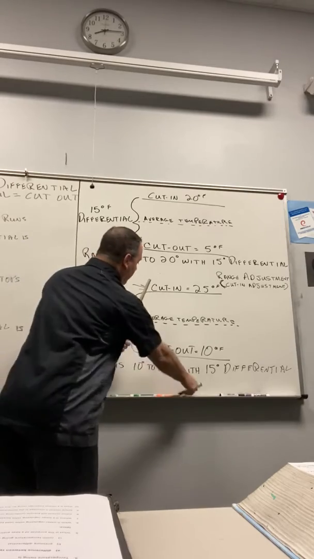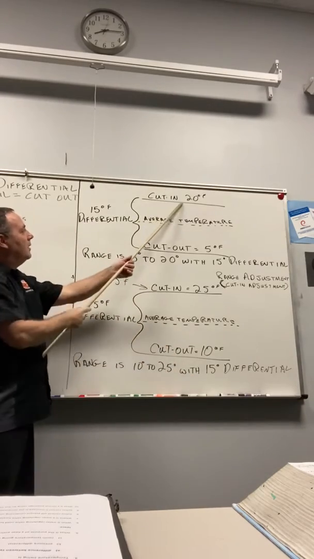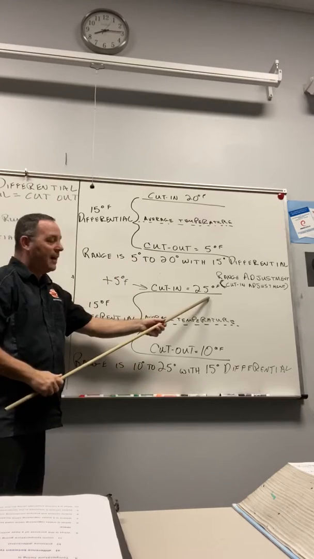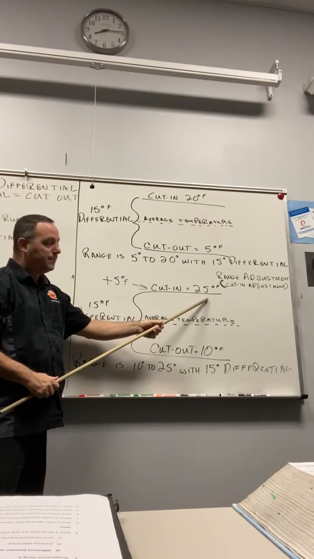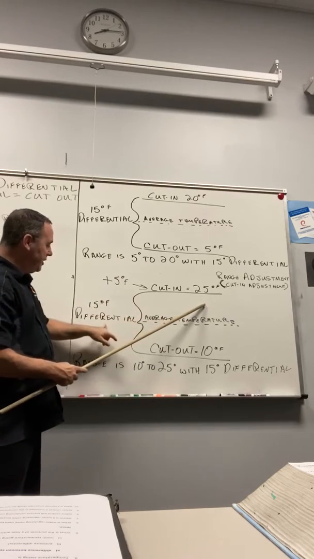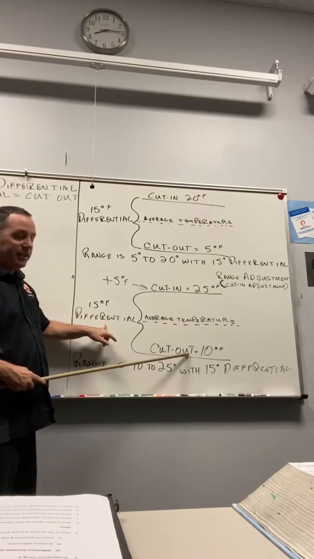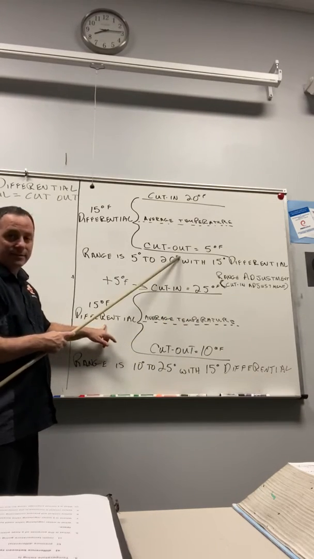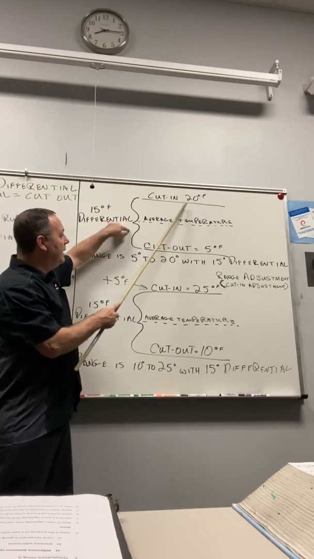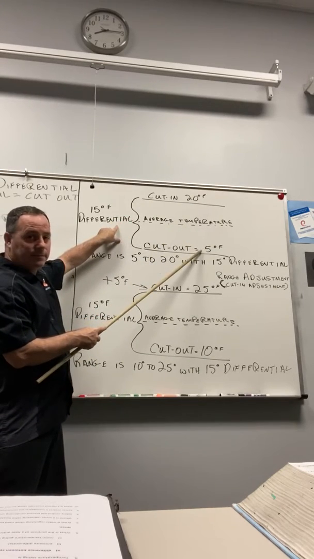Instead of 20 degrees, we now have 25 degrees. Well, without changing your differential, it's staying 15. That automatically changed this to 10 from 5, because 20 from 5 is 15.